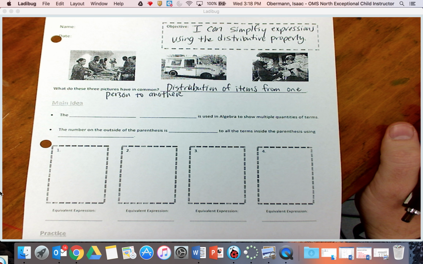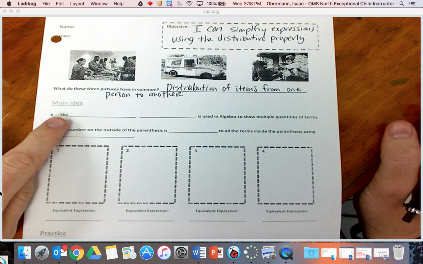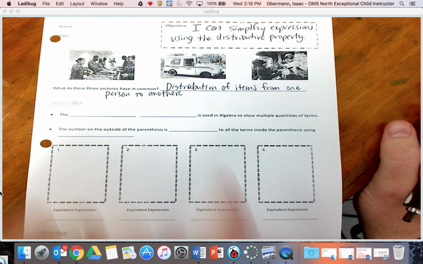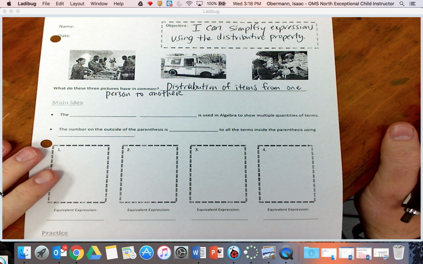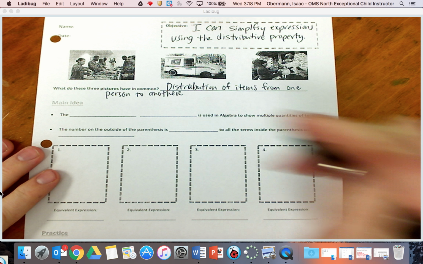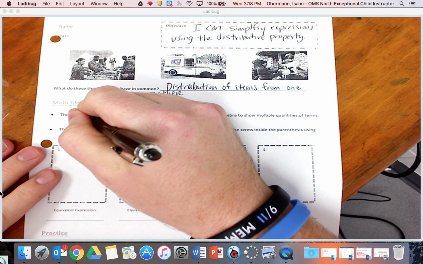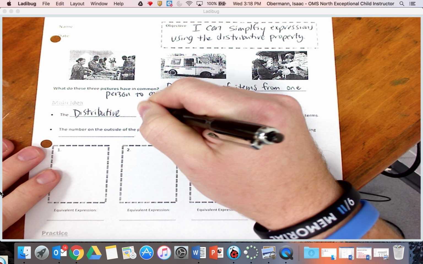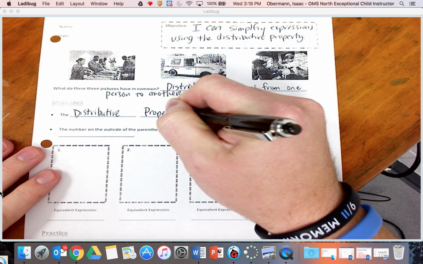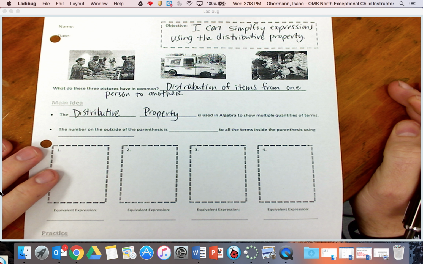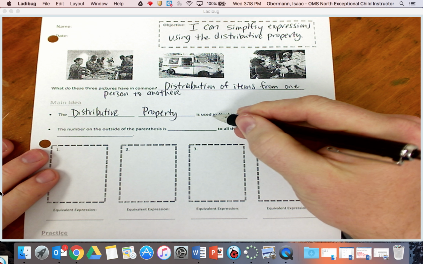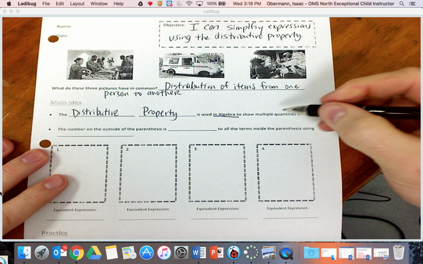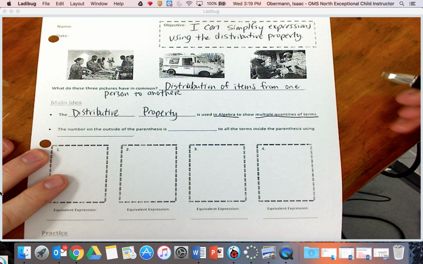So let's show you what we have here. It says the blank is used in algebra to show how many multiple quantities of terms. So this is called the distributive property. It's used in algebra or pre-algebra to show the multiple quantities of terms.